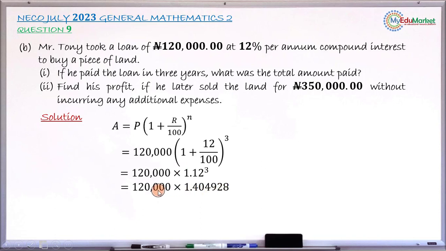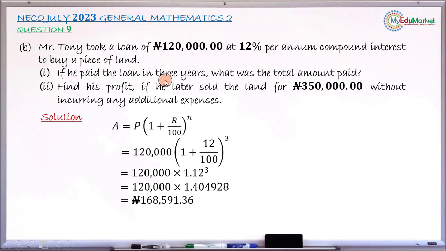Multiplying these two values, 120,000 multiplied by 1.404928, correctly gives 168,591 naira 36 kobo. This will be the amount of money he is going to pay the bank after 3 years. So Roman 1 has now been answered.